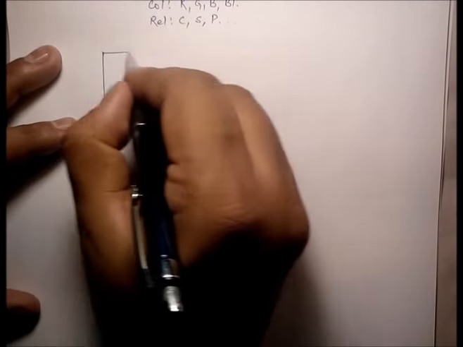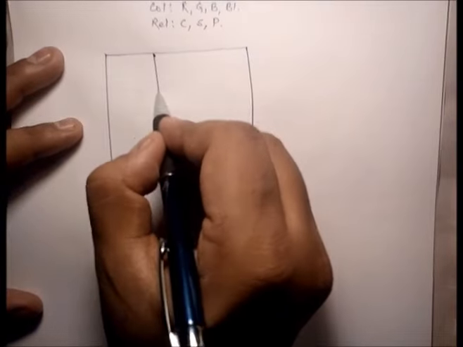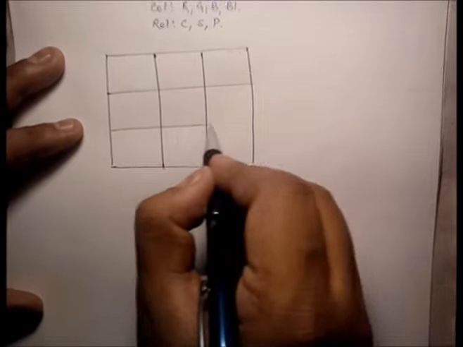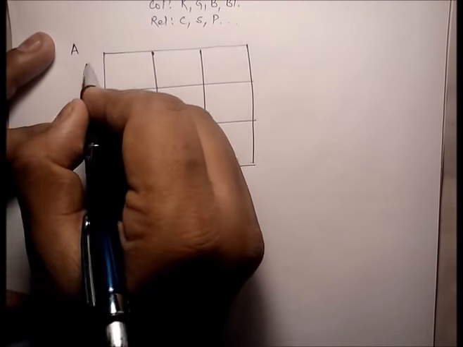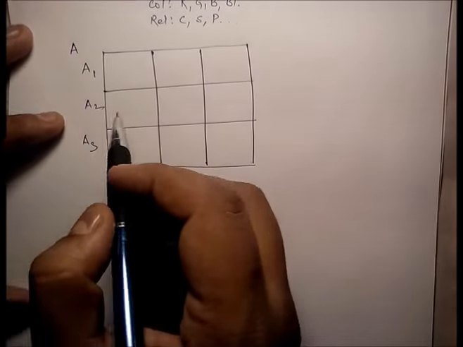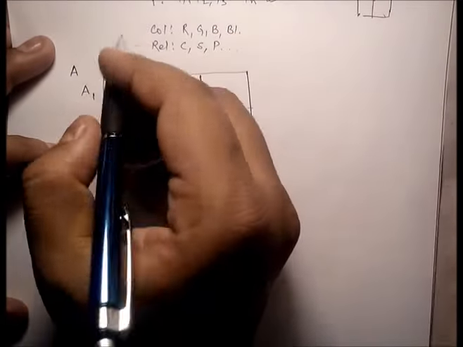Suppose attribute A1, A2, A3. Say color red, green, and blue. Okay.